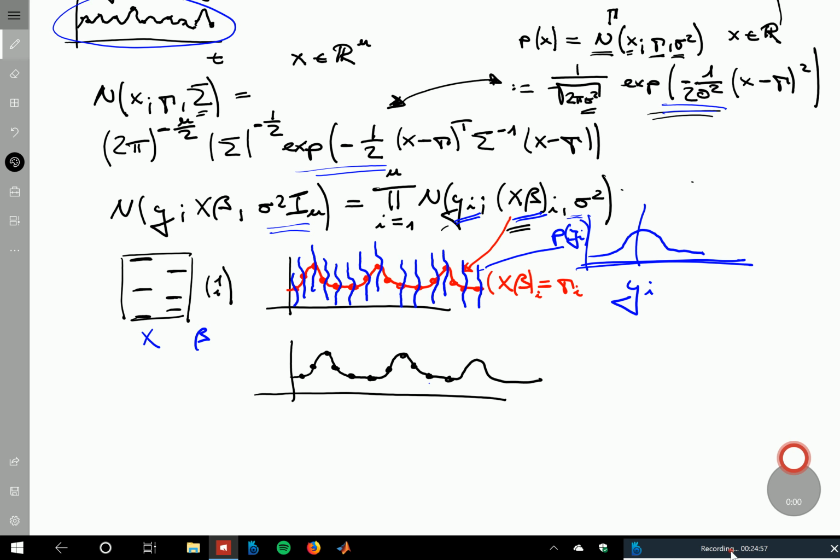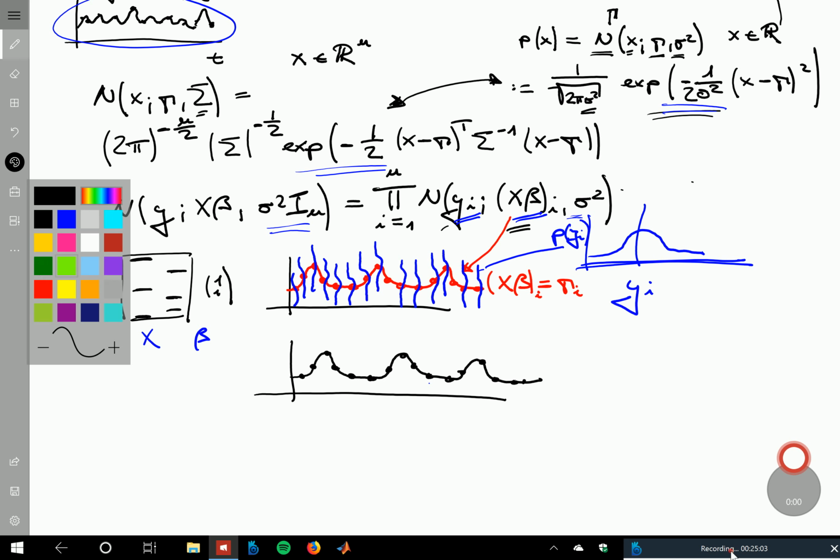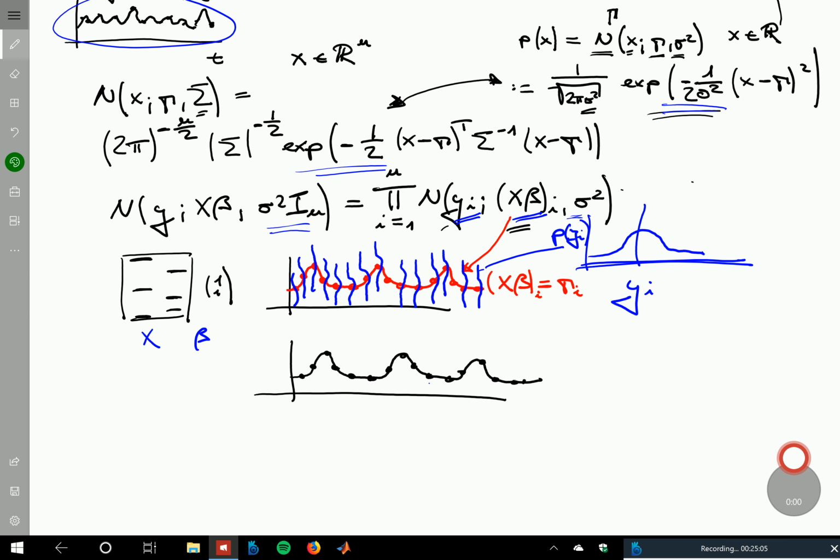If you now sample this, you always have an independent error contribution that depends on the variance. So for example, you sampled something here, here, here, and that then observed time series would look like this.